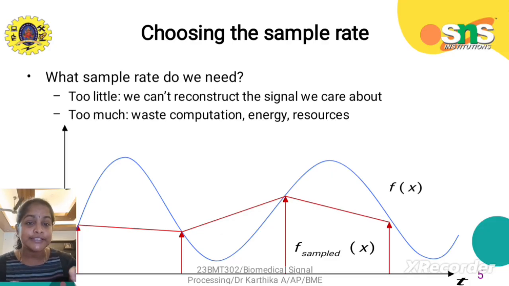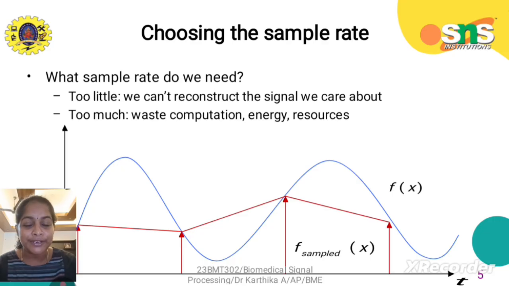If fs is equal to 2f max, that is the Nyquist rate condition. If fs is less than 2f max, the condition is aliasing. For perfect sampling, we need fs greater than 2f max.